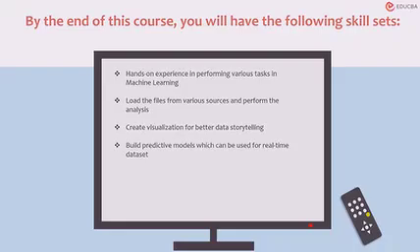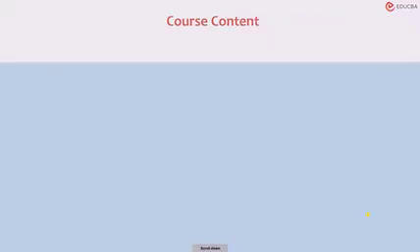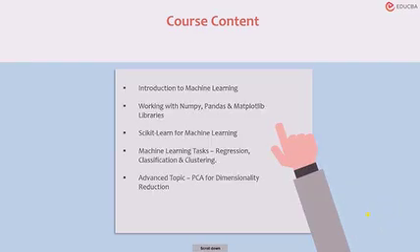Now, we'll be achieving all these things with this course structure. Coming to the course content, we'll start by understanding what machine learning is, which we'll cover as part of the Introduction to Machine Learning. Then we'll learn about three important libraries relevant for data science, that is NumPy, Pandas, and Matplotlib. Once we are comfortable with these three libraries, we'll move on and work with the scikit-learn library.